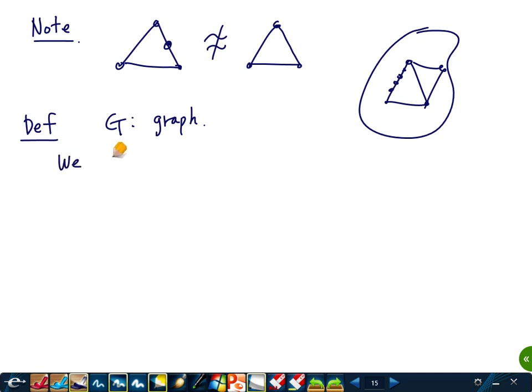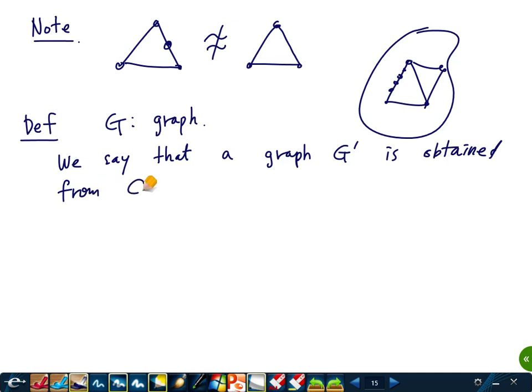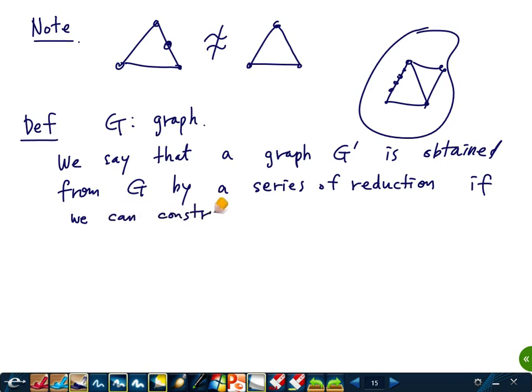So we say that a graph G prime is obtained from G by a series of reduction if we can construct G prime from G by doing the following things.